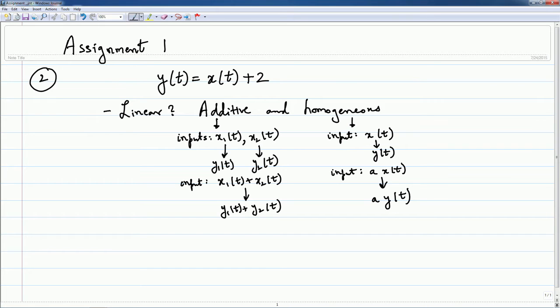Okay. So now we have a system here, y(t) = x(t) + 2, and one needs to check whether both these properties are satisfied by this input-output relationship.